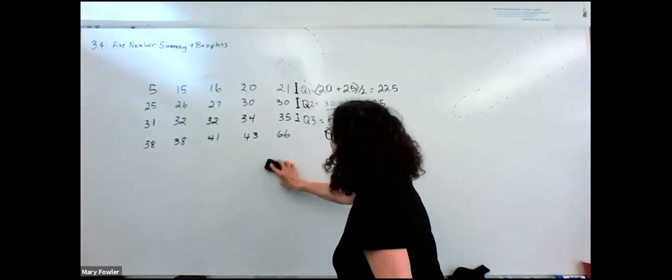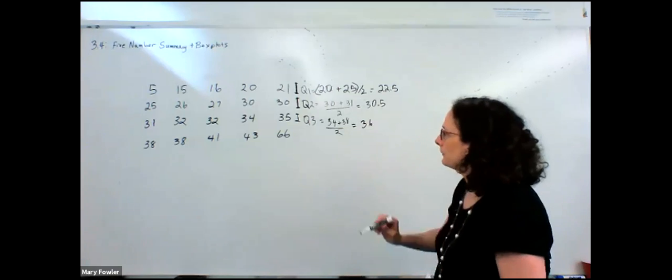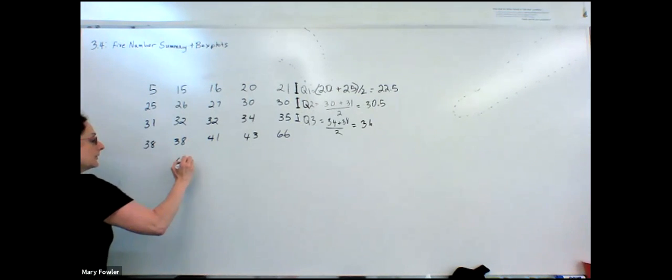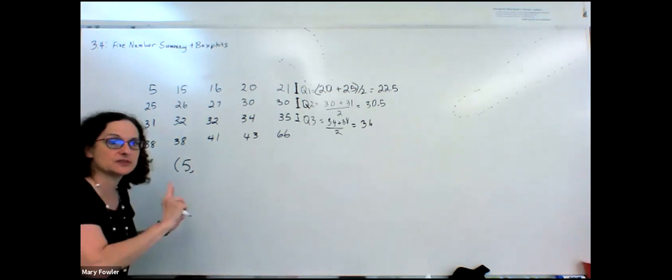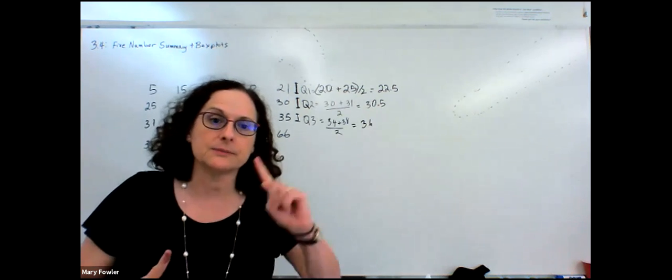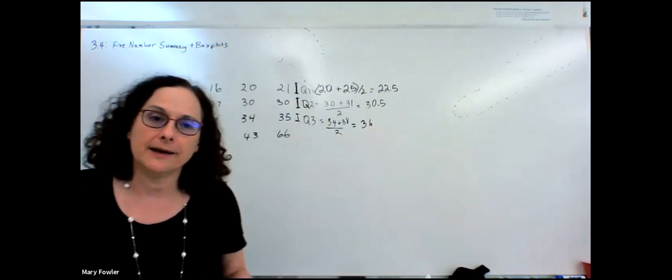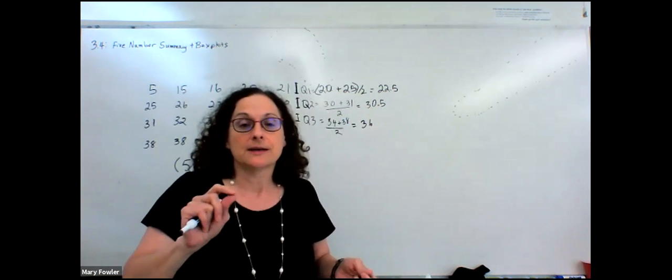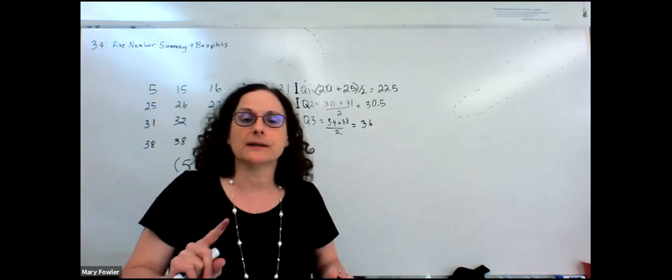I'm going to translate that into your 5-number summary because it's kind of hard to read over there. The 5-number summary needs to be listed in order from minimum to maximum, for full credit anyway, because our eyes get used to seeing them and interpreting them.